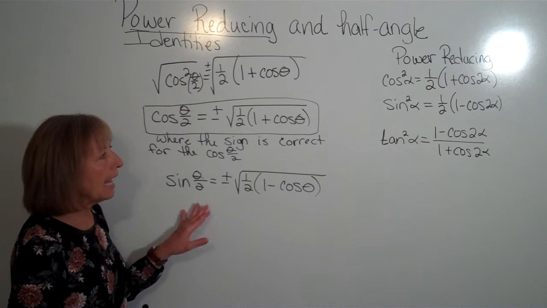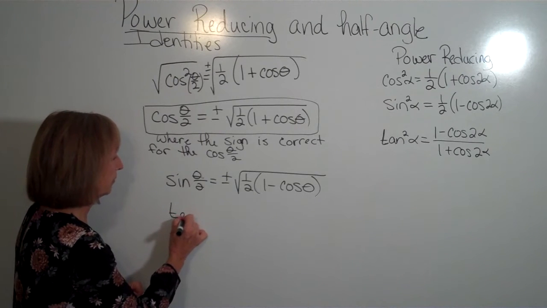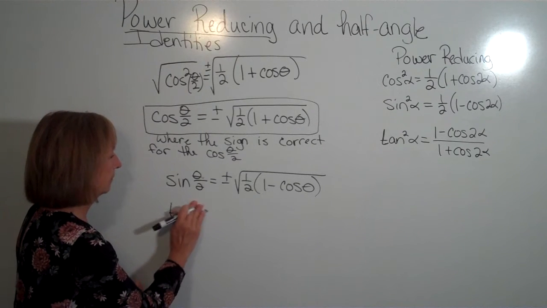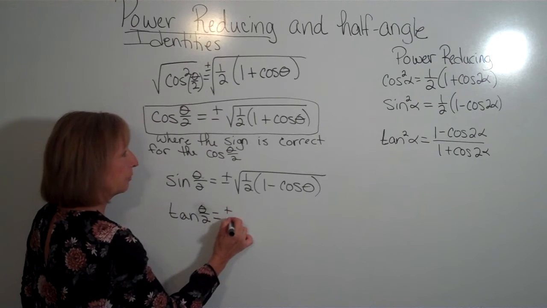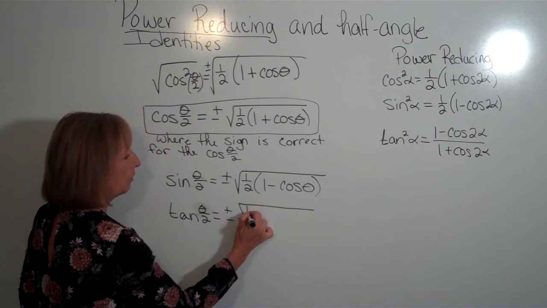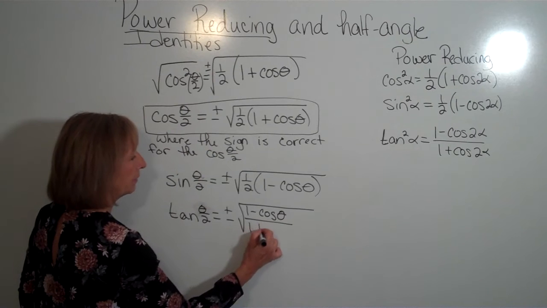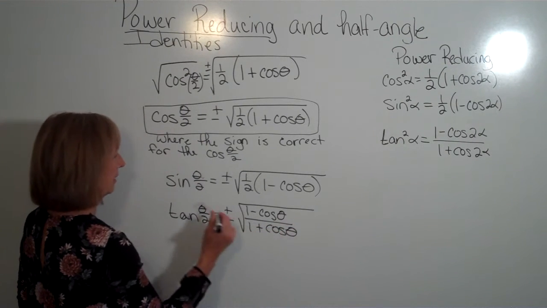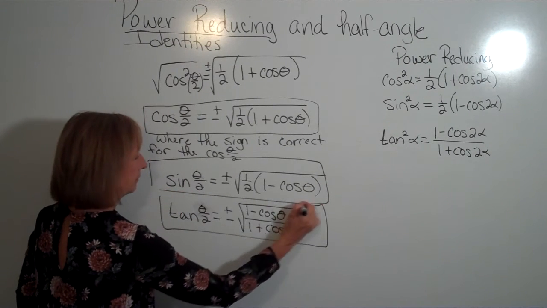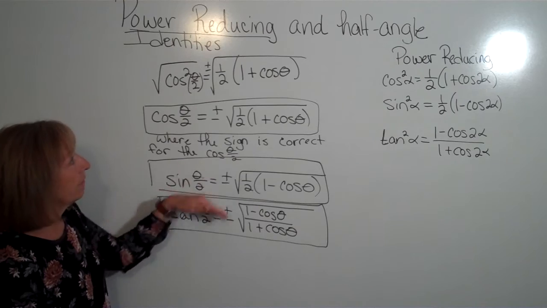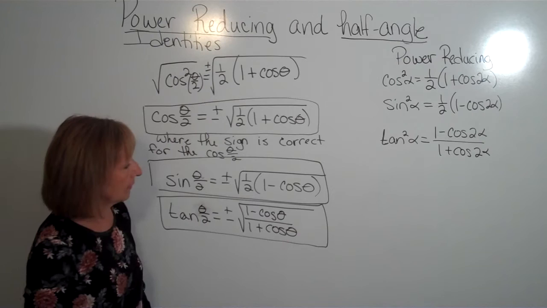And then when we look at the whole process with the tangent of theta over 2, that's going to be plus or minus the square root of the 1 minus the cosine of theta divided by 1 plus the cosine of theta. So for each of these, we have our half angle identities.